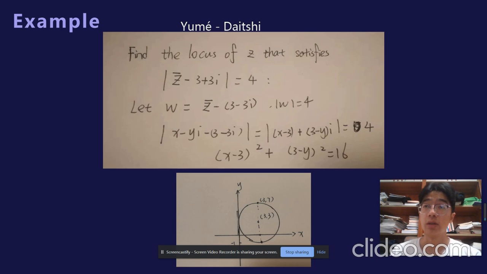According to the definition, the modulus is equal to the absolute value of x minus 3 plus 3 minus yi. So we find that x minus 3 power 2 plus 3 minus y power 2 is equal to 16, which is a circle with a center of 3 and a radius of 4.